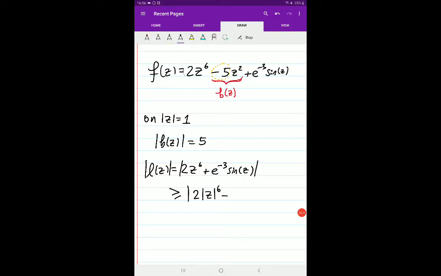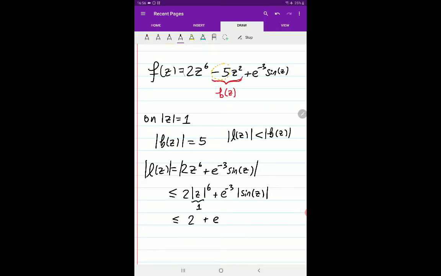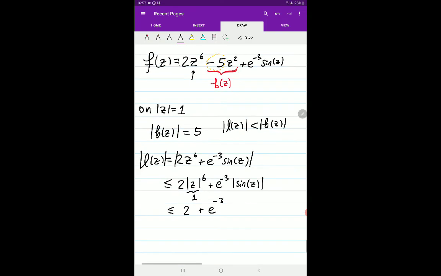Oh, my bad. We're trying to estimate L of z from above, right? We're trying to show that L of z in absolute value is strictly less than b of z. So we can use the triangle inequality. And again, this is equal to 1 on the boundary, right? That's the point. Because we're on the unit disk, this is not going to really dominate anymore.